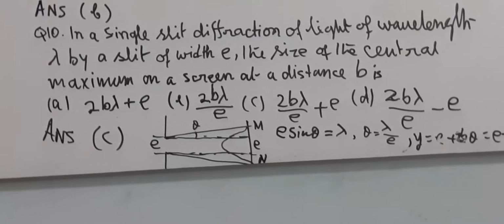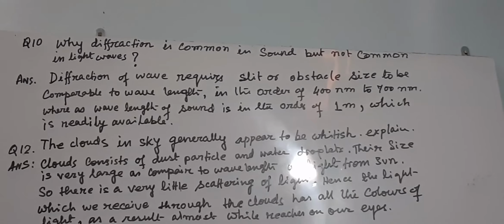So E plus twice B lambda by E will be the answer in this case.